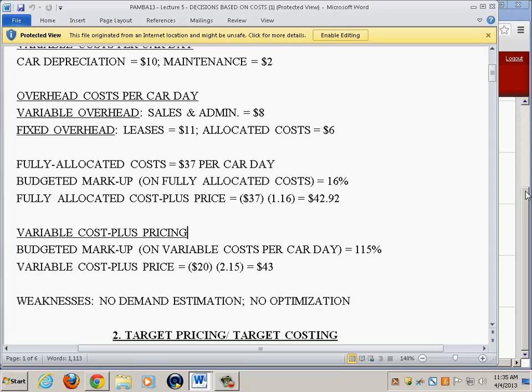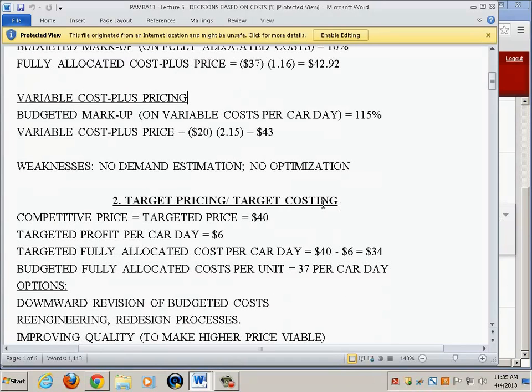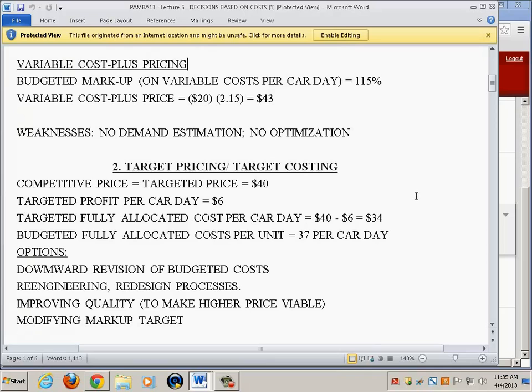To try to improve on this method and to give more consideration to market conditions, we have another method that is called target pricing, target costing. Now, in the target pricing, target costing method, unlike in the cost plus method, we don't start with a cost, but we start with the following question: what is a competitive price that we can charge for the car days that we sell in this particular market?